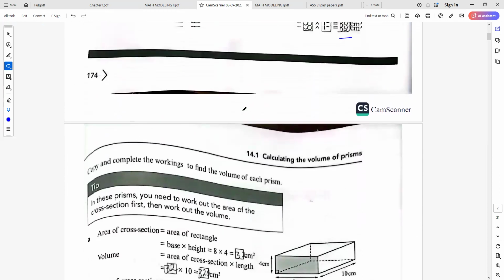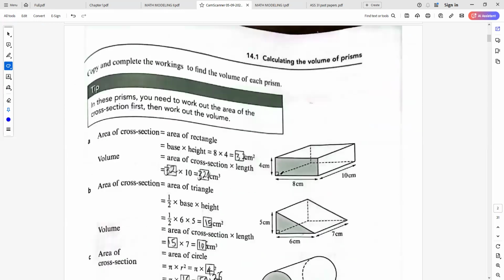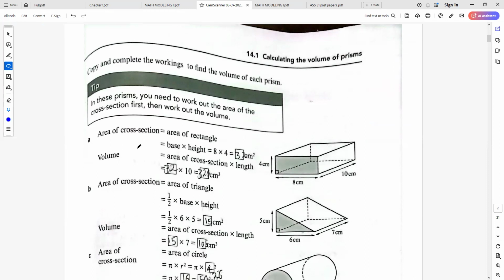So like I explained here, without giving the cross-sectional area, they have given the height, width, and length. So there is another equation, that is volume is equal to base into height into, so whatever, right? So there should be three parameters, height, length, and width. As I told you, before finding out the volume, they have found out the area of cross section by multiplying the base and height of this rectangle.